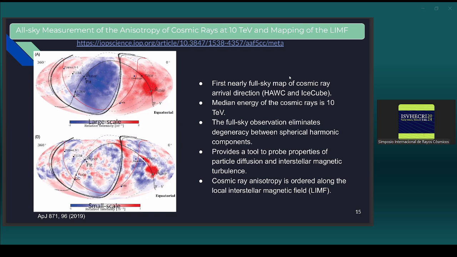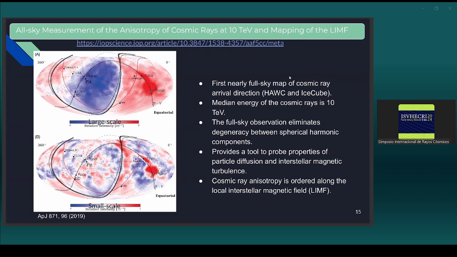And when we merge all the data, the full sky observation just gets rid of the degeneracy between the spherical harmonic components. And when we check at small scales, we also see all these regions.